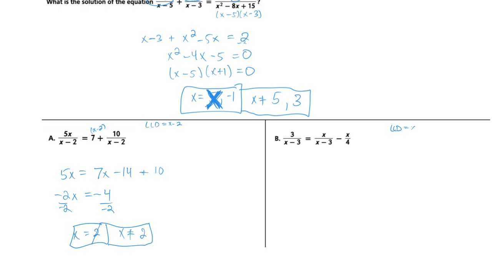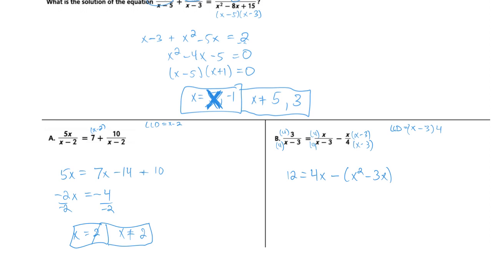But then the last one, so the LCD is x minus 3 times 4. So these ones we need to multiply by 4. And then this last one, x minus 3. So we get 4 times 3 is 12. Then 4 times x is 4x. And then we get minus x times x is x squared.